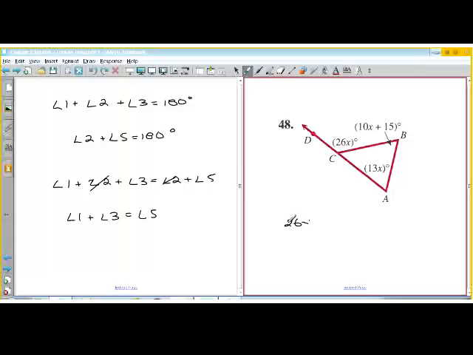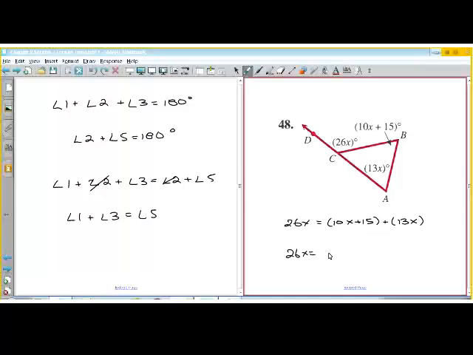So what we do is we say 26x, which is the exterior angle, is equal to the measure of one of the opposite interior angles and the measure of the second opposite interior angle. And then we have our algebraic equation, which we can solve.